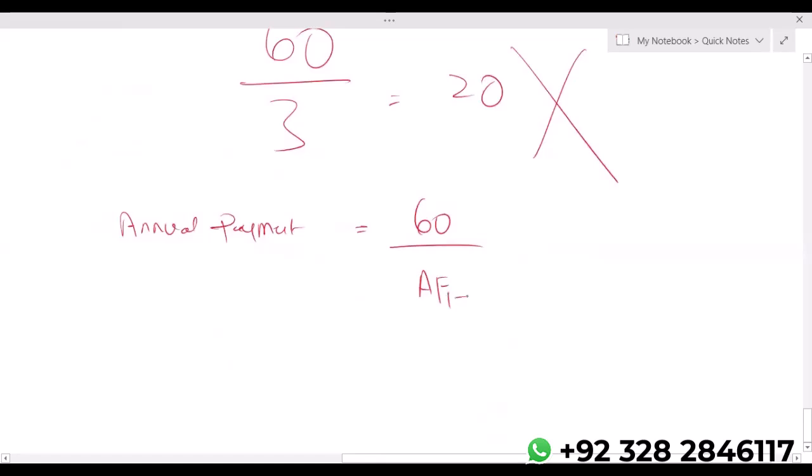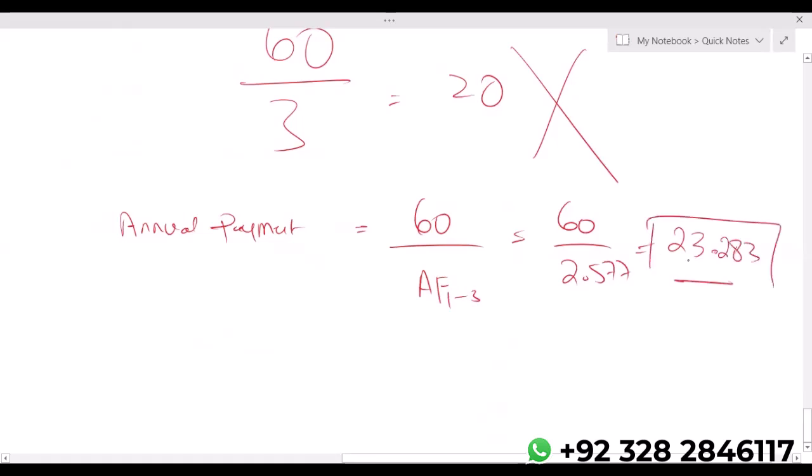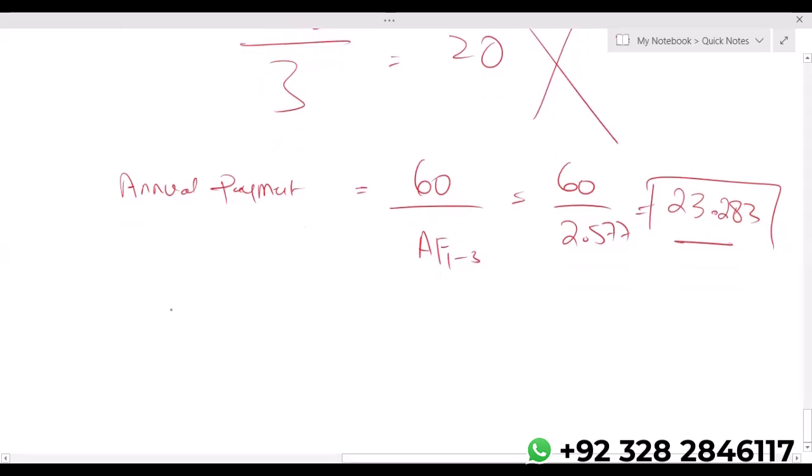So logically, 60 divided by 2.577 will give you the annual equal payment. I'm getting 23.283 with a little bit of rounding off. Obviously, 23.283 multiplied by 3 gives an answer more than 60. The amount which is more than 60 shows the interest payment. Fine.